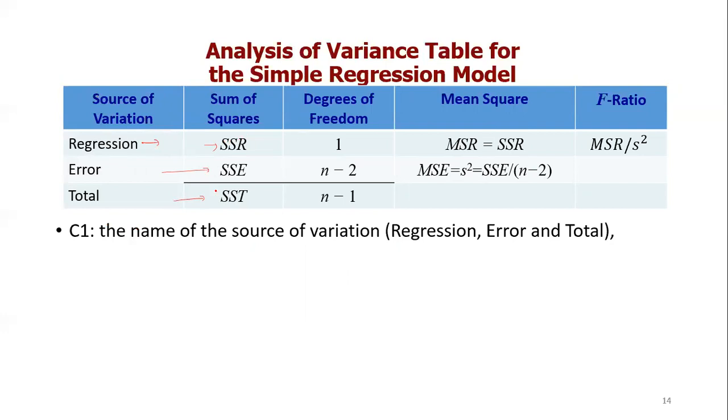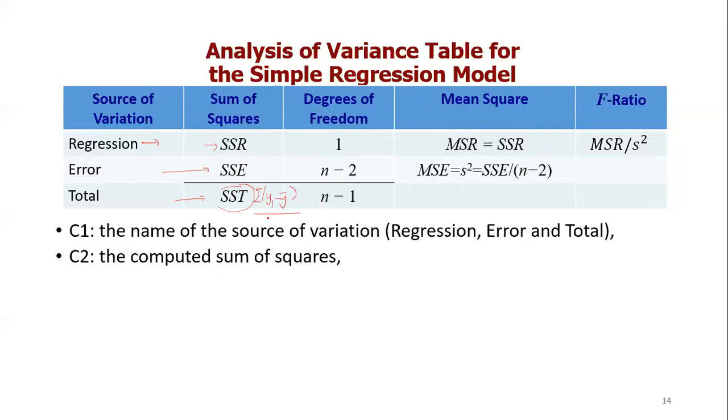The second column gives you the name, SSR, SSE, SST. Sorry, this gives you the computed sum of squares, so you just write the numbers here. The third column gives you the degrees of freedom. For SST, remember the total variation is yi minus y bar.